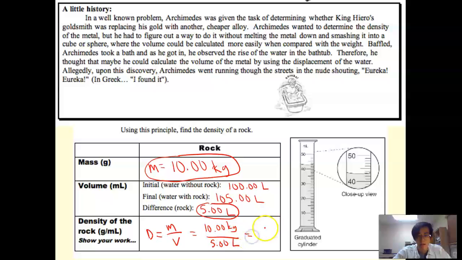And that's going to give me 2.00 kilograms per liter for my density. Okay, so pretty awesome. And yeah, so now we're going to do some practice problems, but make sure you write these down in your Go Form list and also in your notes.